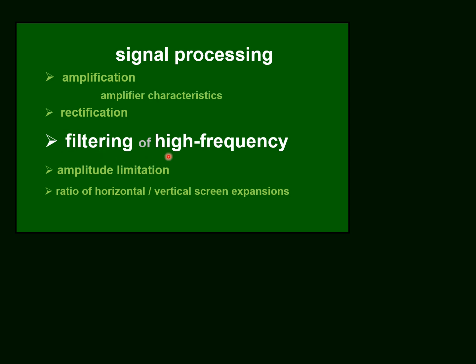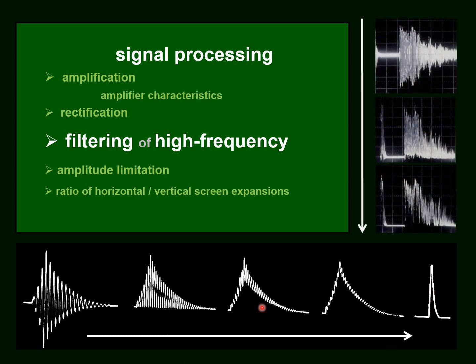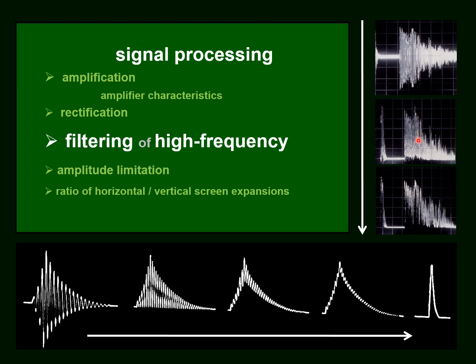But here we are with the filtering of the high frequency oscillations. You see here the rectification and the high frequency filtering only to a certain amount, not totally. And here we see again the rectification and the high frequency signal filtering.